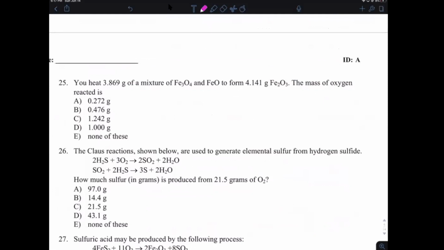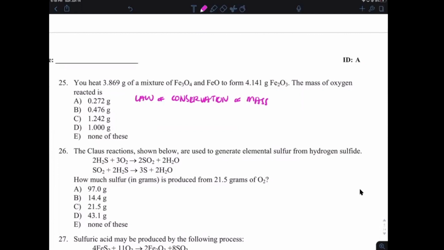Okay, so for this one, do you guys know about the law of conservation of mass? Wait, did we learn this? I'm not sure.